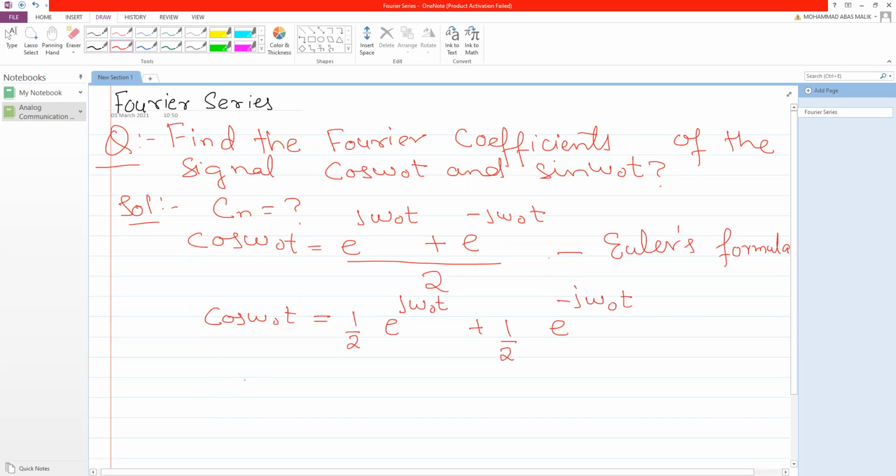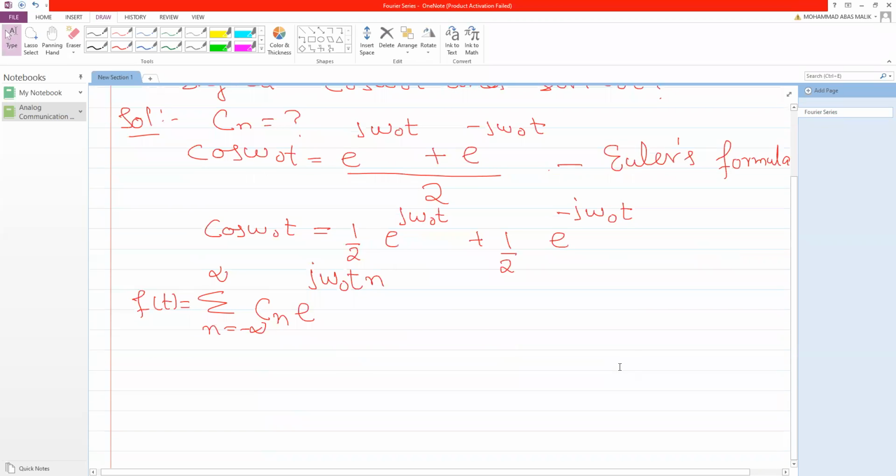Now, we have the Fourier series like this: f of t equals summation of Cn e raised power j n omega naught t, with n from minus infinity to infinity. This is your Fourier series expansion, right? Yes, sir. Okay.